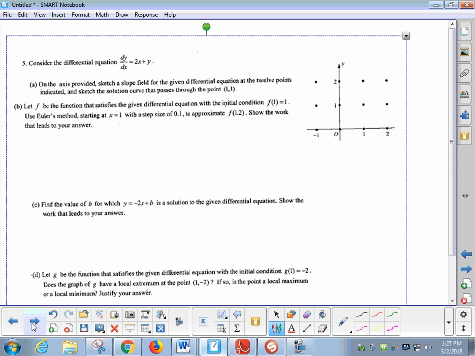Questions on the homework, the front side. My multiple choice answers are as such: C, B, B, A. Okay.